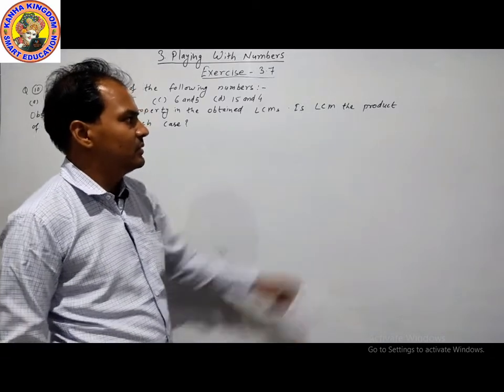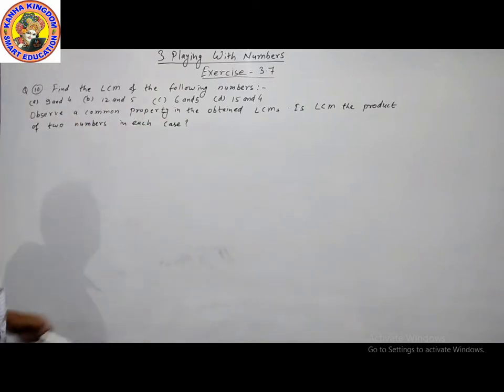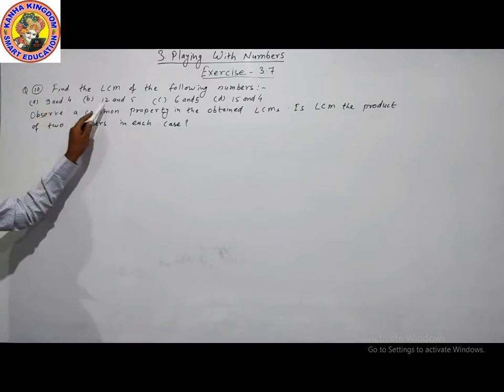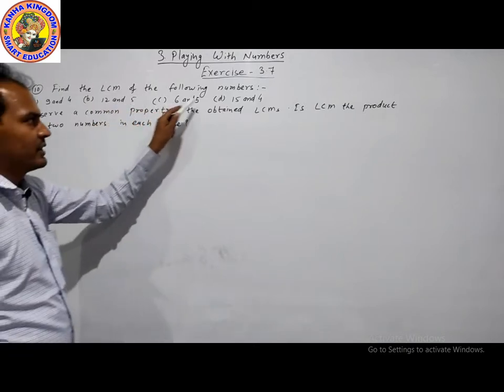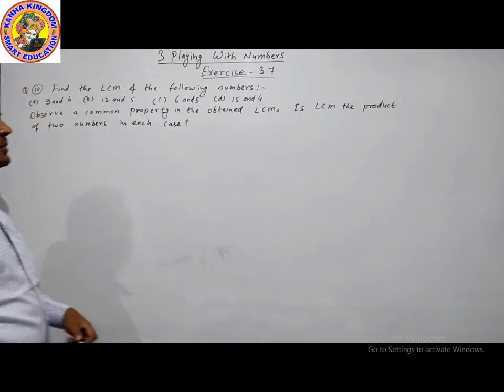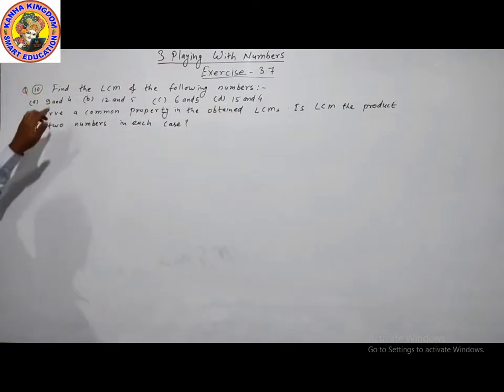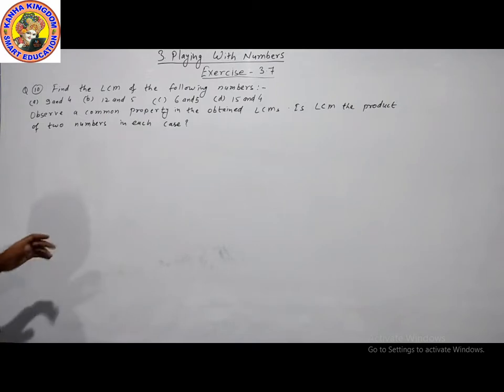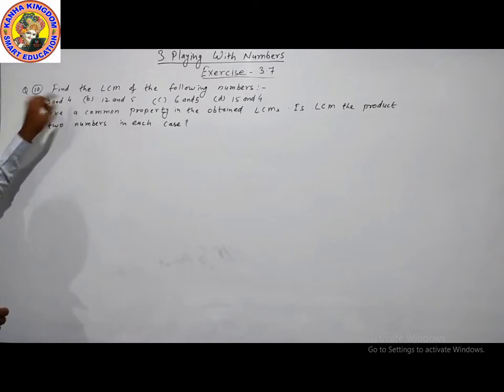Is the LCM the product of the two numbers in each case? The LCM will be 9 into 4, 12 into 5, 6 into 5, 15 into 4. Why? Because these are co-prime numbers, they have no common factor, so the LCM will be the product of these.